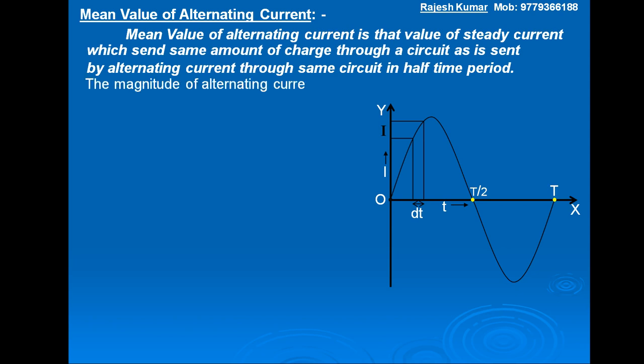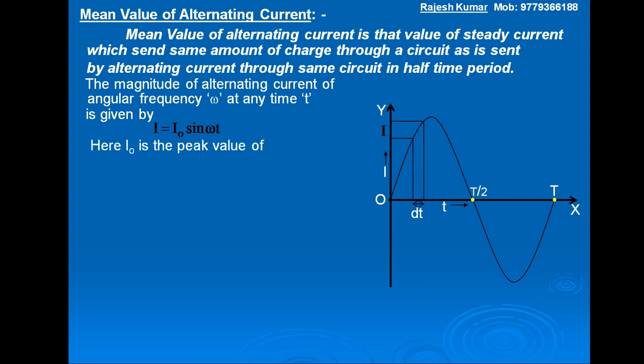The magnitude of alternating current of angular frequency omega at any time t is given by I is equal to I naught sine omega t.